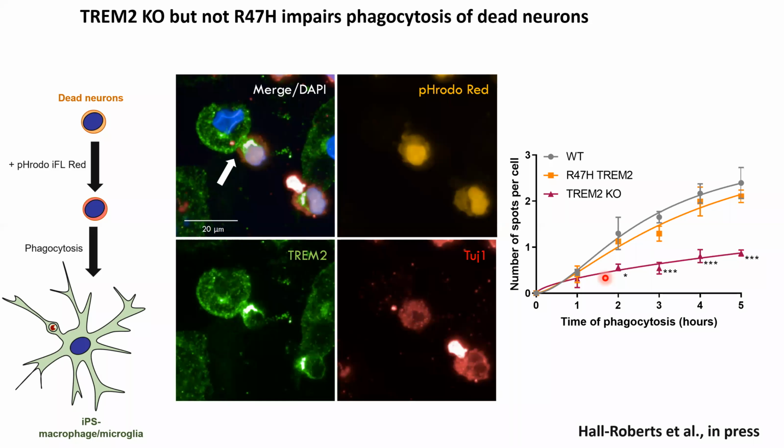So in this functional readout, R47H is close to wild type rather than to knockout.